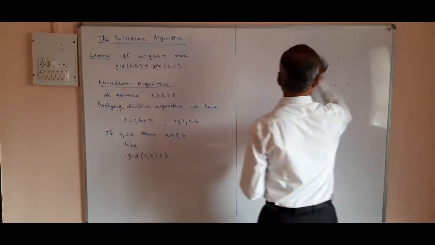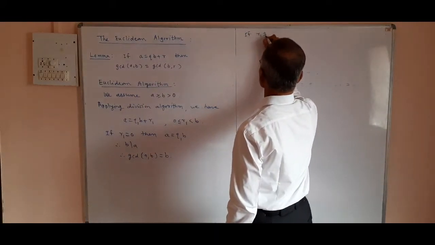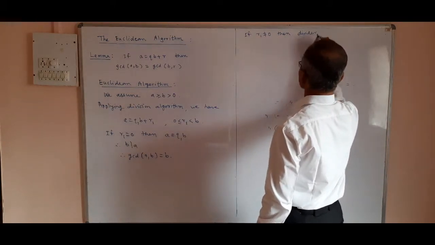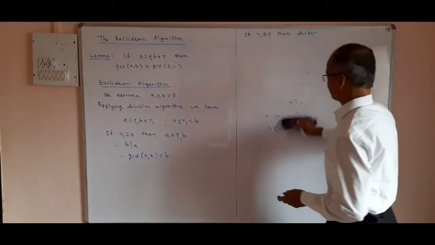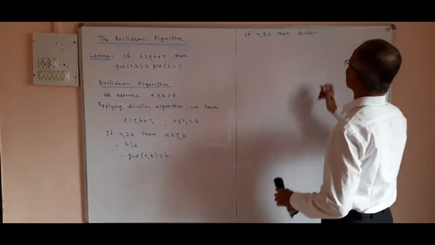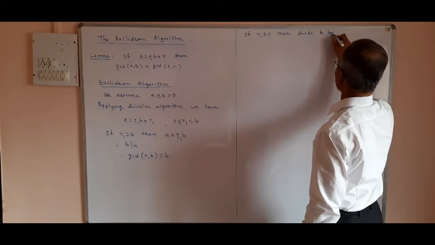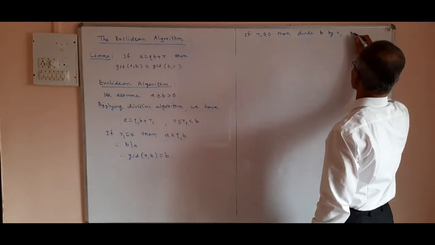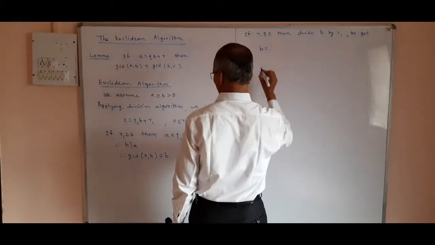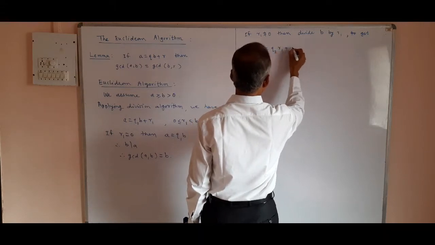So further, if r1 is not equal to 0, then divide b by r1. So we divide b by r1 to get another equation for b. So b = q2 r1 + r2.